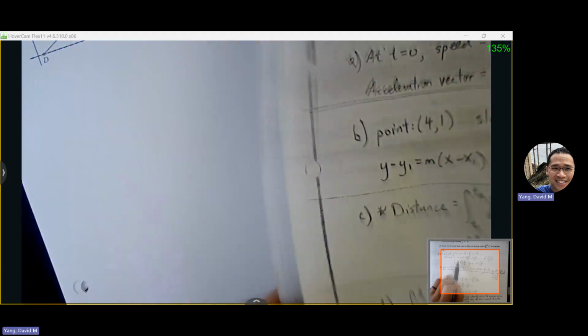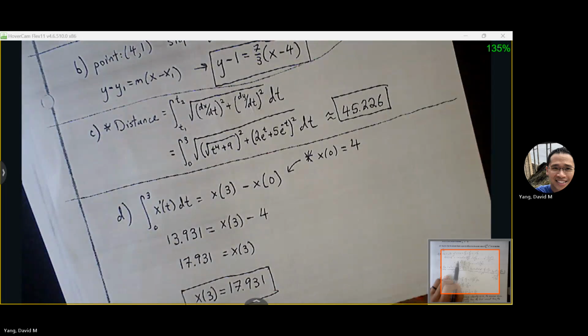Okay, let's do one more here, page 12. Another particle motion.